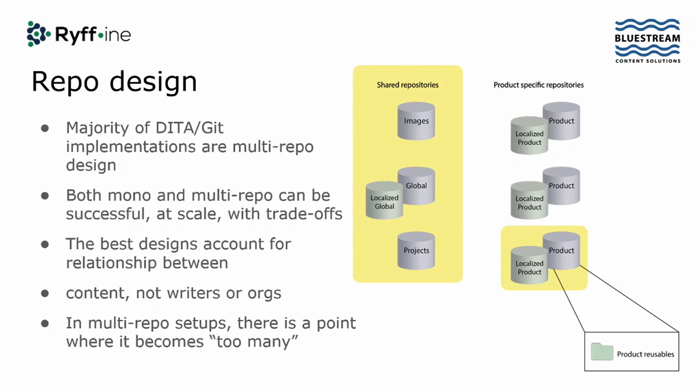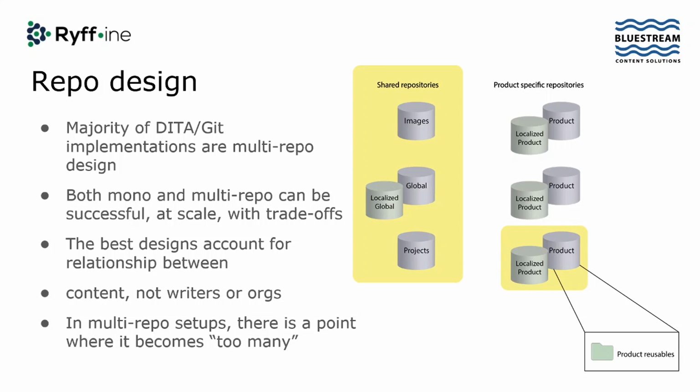So the best designs that we're seeing that are most successful, they are designed based on the relationship between content, not necessarily relationship between business units or writers or organizations. The best designs are about content.